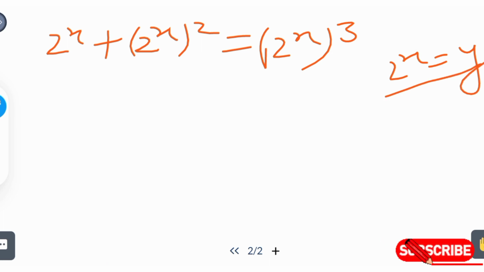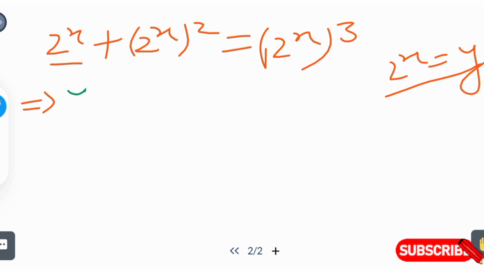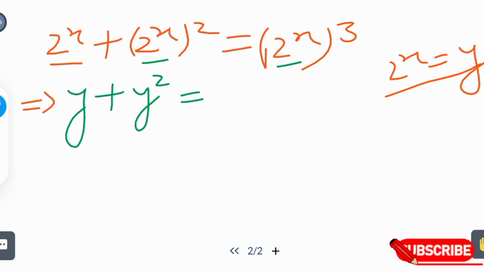So what I'll do here, in place of 2 to the power x, I'll write y plus y square, equals to, again 2 to the power x value is y, and here it is cube.